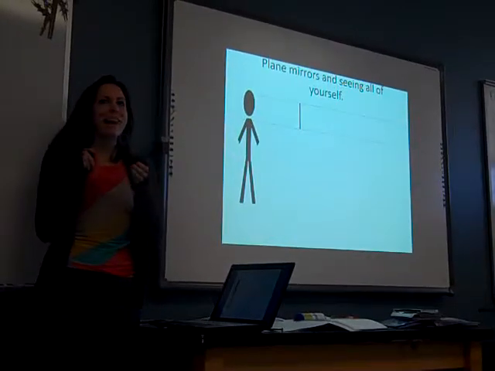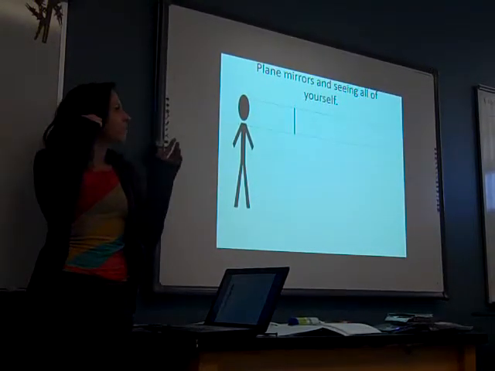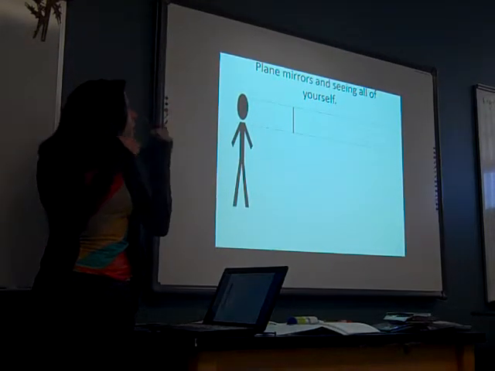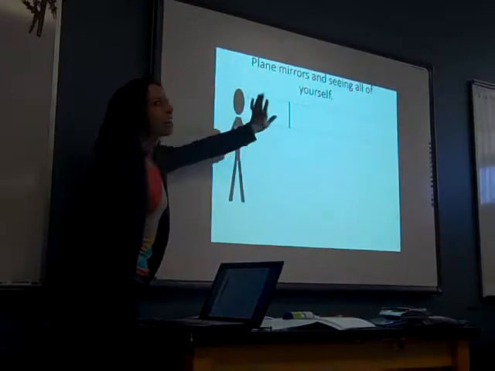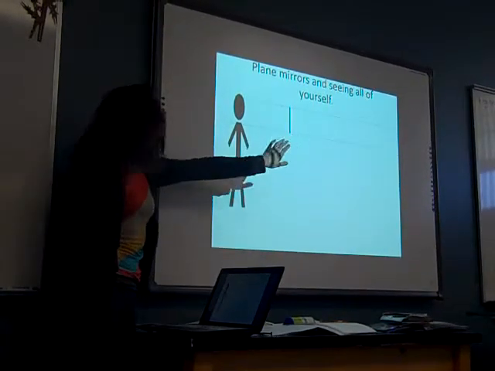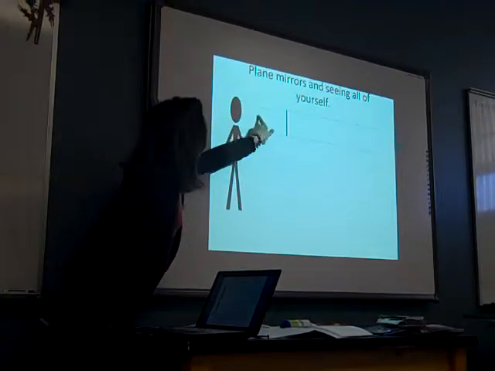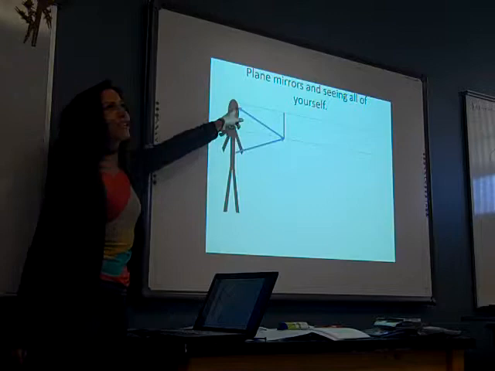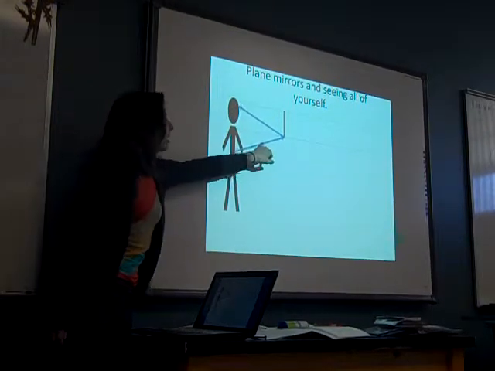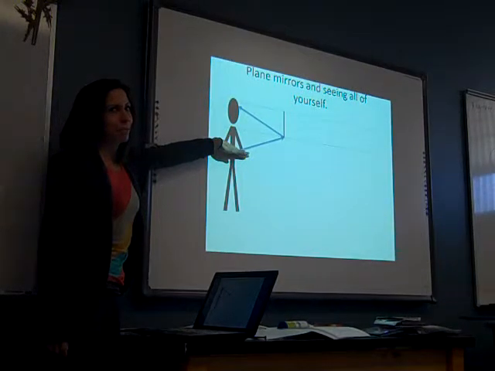Well, what determines how much of yourself you see is dependent upon the edge of the mirror and where your eye is, right? My eye can only see rays at the very extreme that have come from this point here, and this angle is very specific. So if my eye is right there, this is the lowest part of my body that I can see in this mirror.